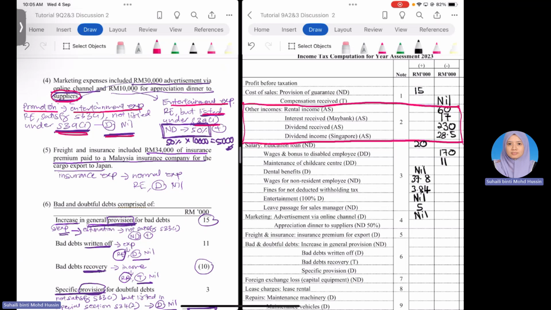So only 50% is allowed for deduction, and the other 50% is not allowed. The amount already deducted in SOCI is 10,000 ringgit, so in the tax computation only 5,000 ringgit is allowed for deduction. We have to add back the other 5,000 ringgit.